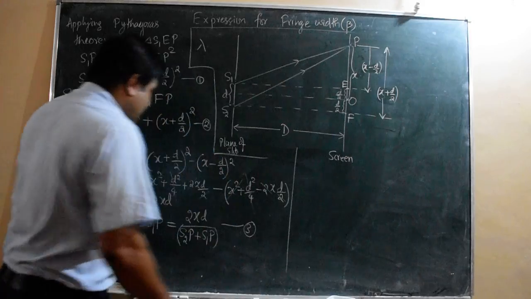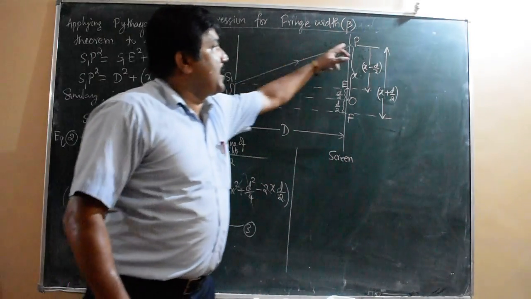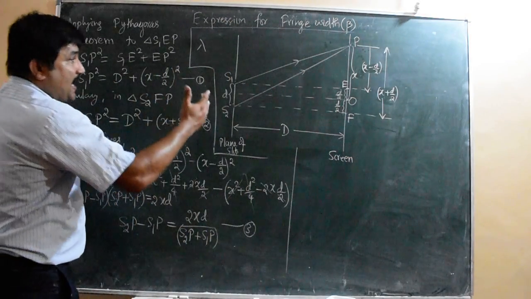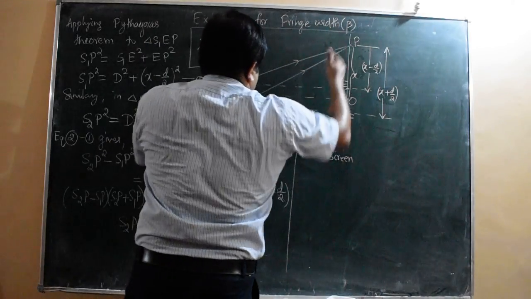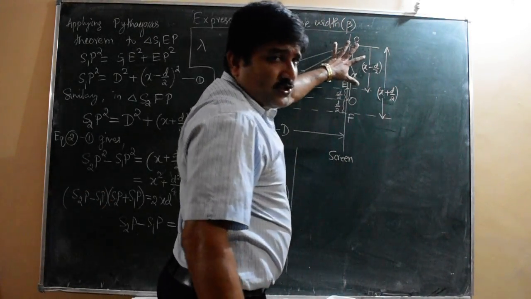Now the condition for path difference is there, and also see this S2P plus S1P. That is the sum of distances, as the point P is very near to O only. It is not a far distance.